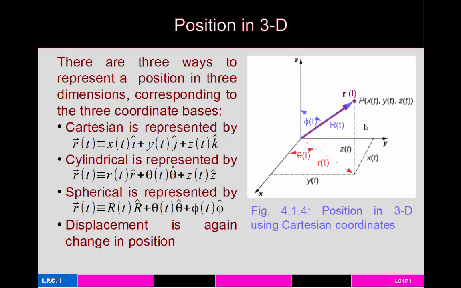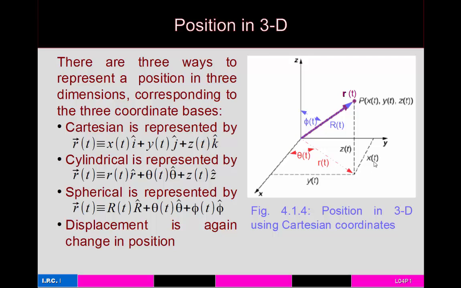So looking at this system, you have a set of axes, x-axis, y-axis, and z-axis, and your point P is right here. Point P can be projected downward into the xy plane, and it has an x and a y value. And then there's also a z value, which tells us how high above the plane it is.